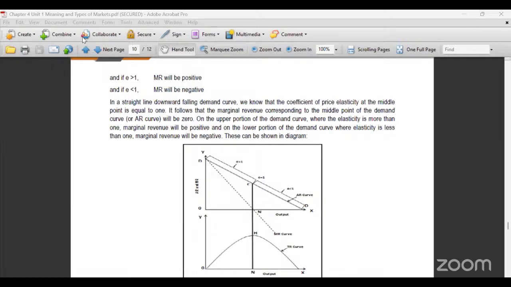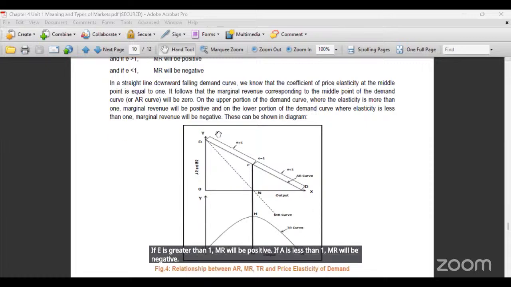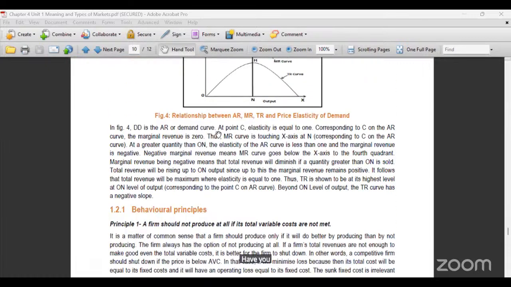If E is greater than 1, MR will be positive. If E is less than 1, MR will be negative. Have you taken that down? Yes, ma'am. Okay. Let me share the PPT now because the diagram is more clear.